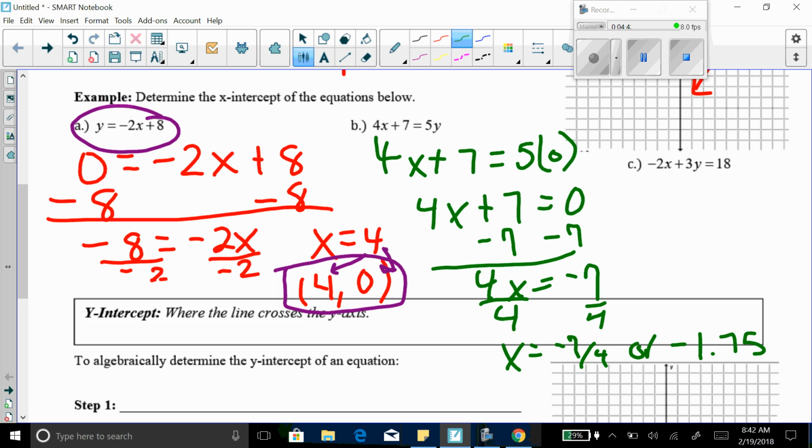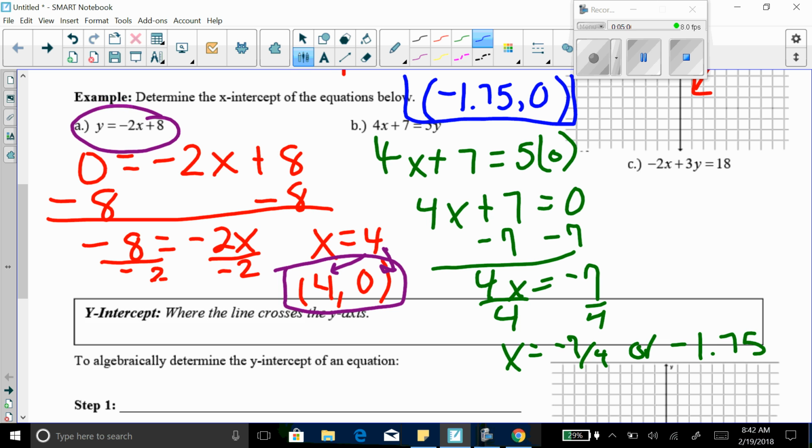So again, the intercept is a point where it crosses the line. So my X value that we just solved for is negative 1.75. And when I plug in 0 for Y, that's the X I get. So 0 for Y, and there are my 2 points.